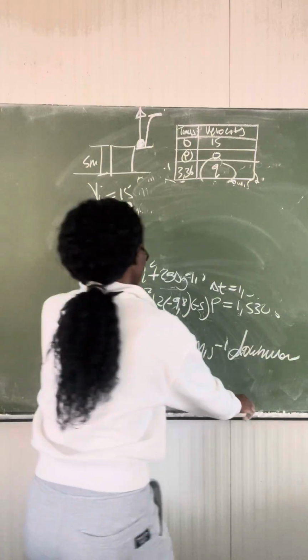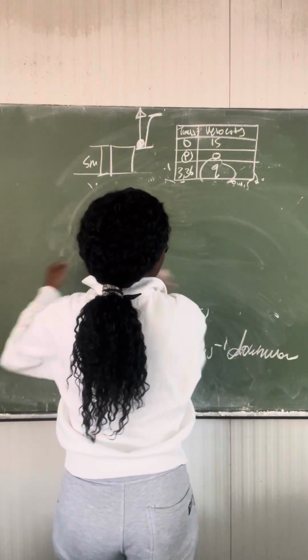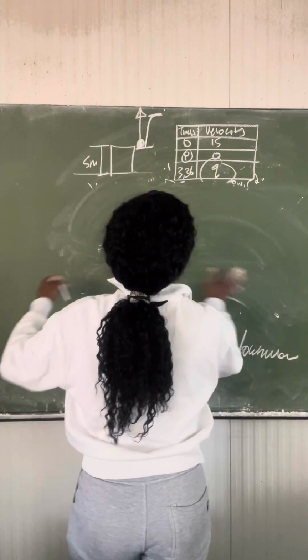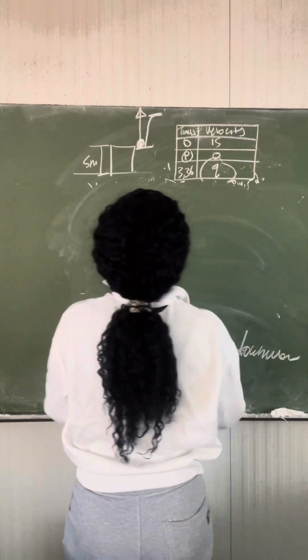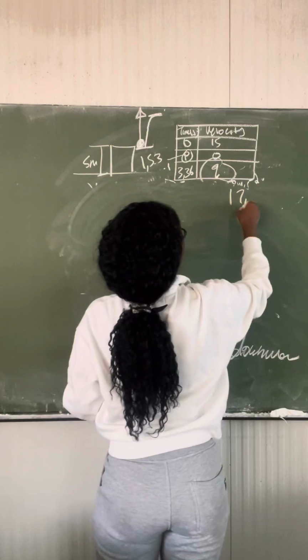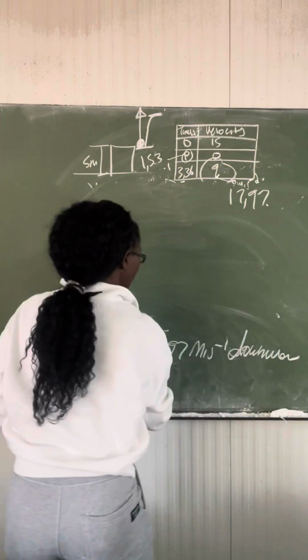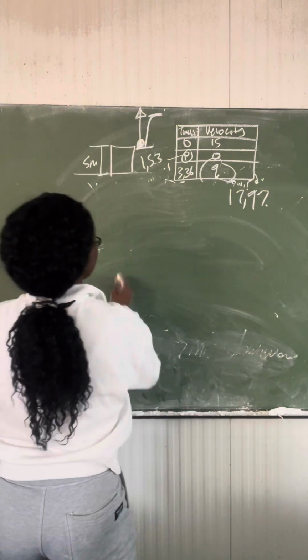So in this case, what are we going to do in drawing our velocity time graph? It's very simple. We know this one is 1.53, and we know this one is 17.97 meters per second.